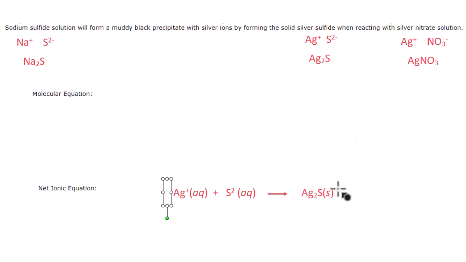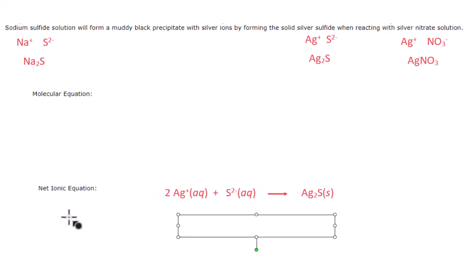Net ionic equation, you've got an ion. You've got 2 parts, cation and anion. Break it up, and don't forget the subscripts. This is 2 silvers. We needed 2 of them to make this silver sulfide, so you put this aqueous in. So the fast way of doing a net ionic equation: find the formula of the precipitate. Then break it up.